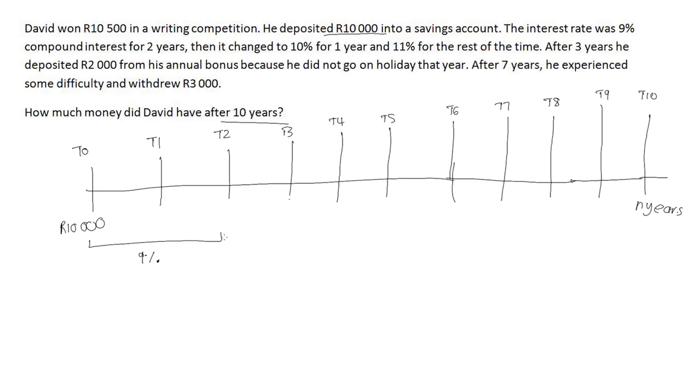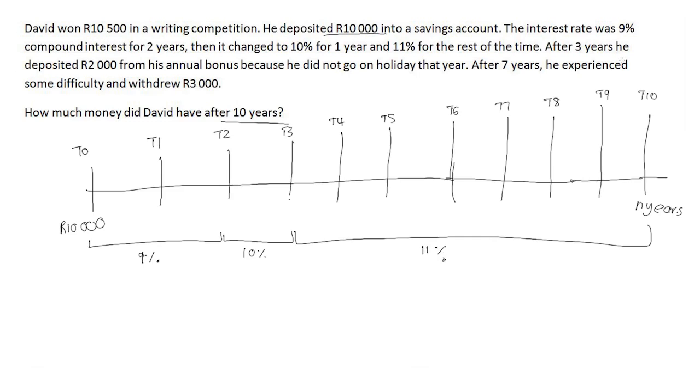So this indicates that it changed from T2 to T3. And later, it changed to 11% for the rest of the time. So from the end of T3 all the way to T10, the interest rate remained at 11%.